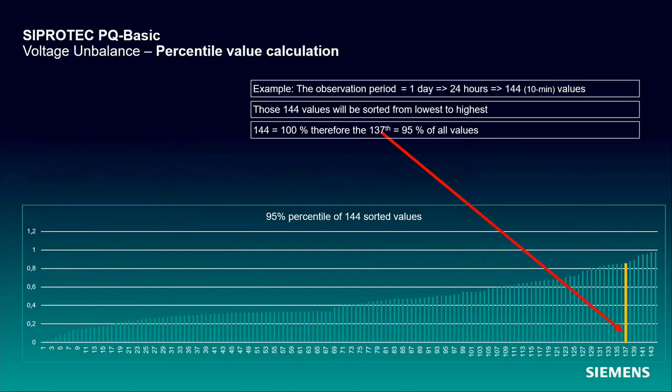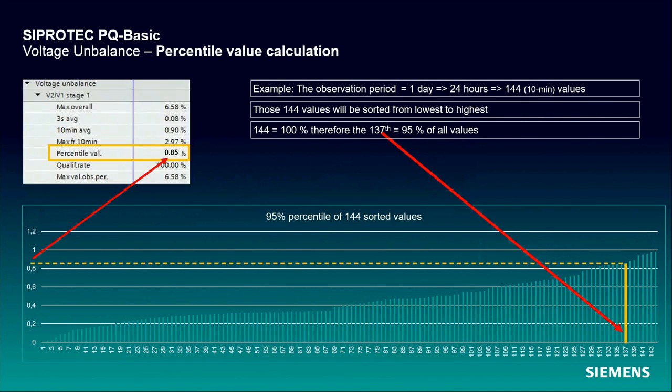When 144 is 100%, 95% of them equals 137. That means we need to know the unbalance value of measurement number 137. The value number 137 has a percentile value of 0.85%. That's uncritical because the threshold was parameterized with 2%.